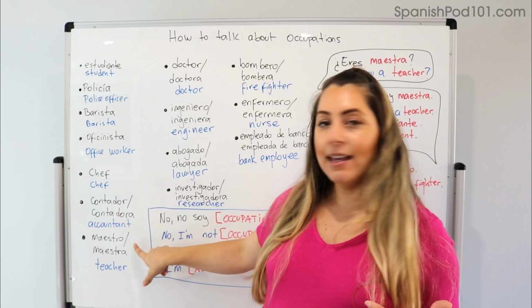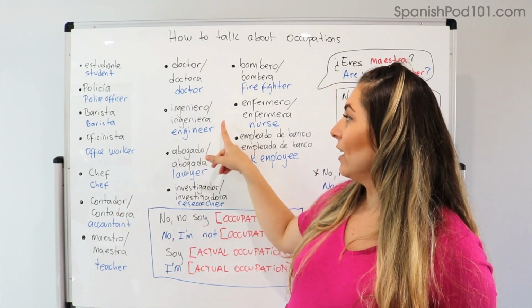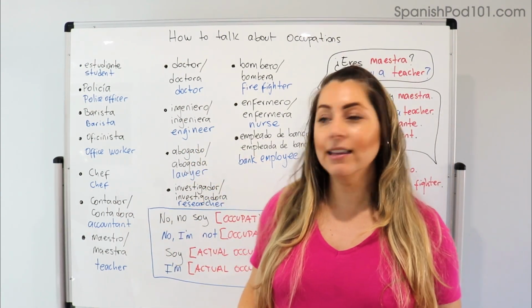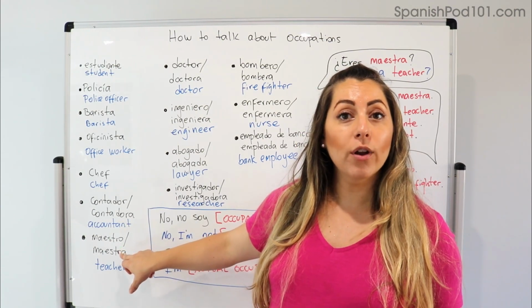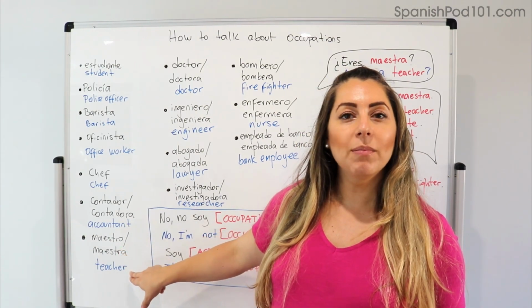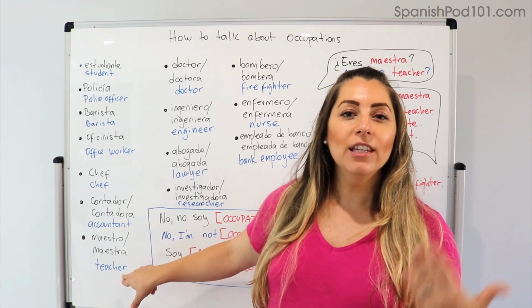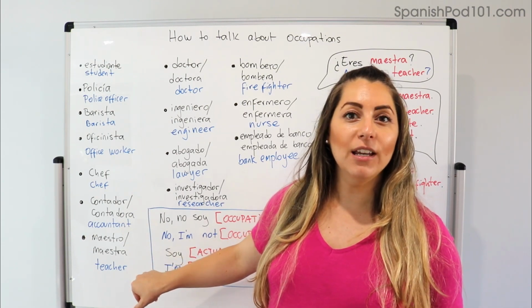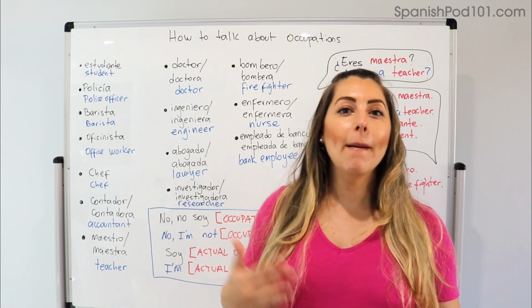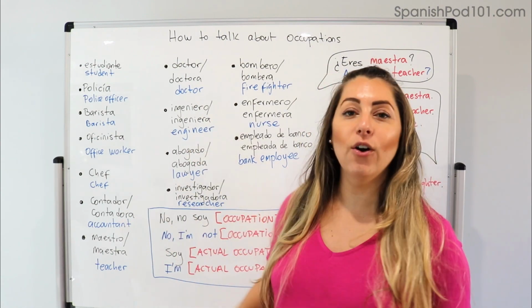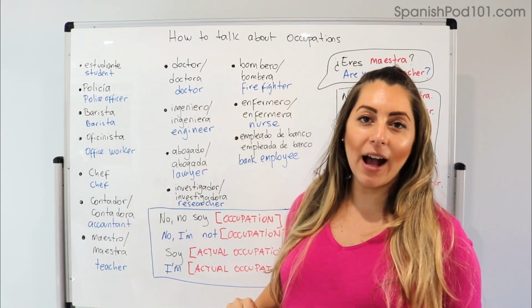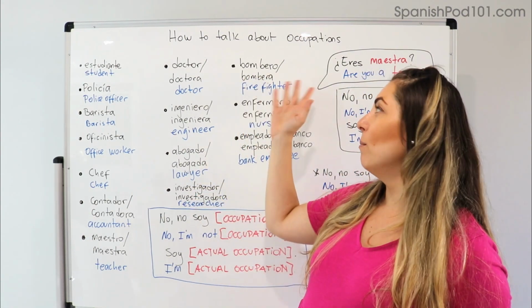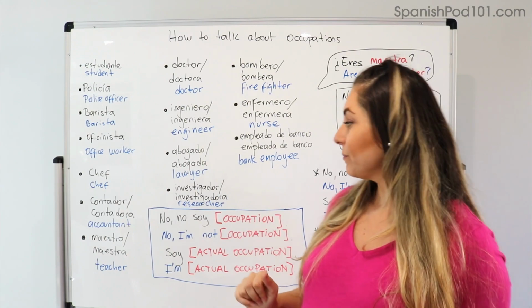And in other cases such as maestro, ingeniero, abogado, you can see that we simply replace the O of the masculino form with an A. Maestro, maestra, ingeniero, ingeniera, abogado, abogada. Bombero, bombera, etc.